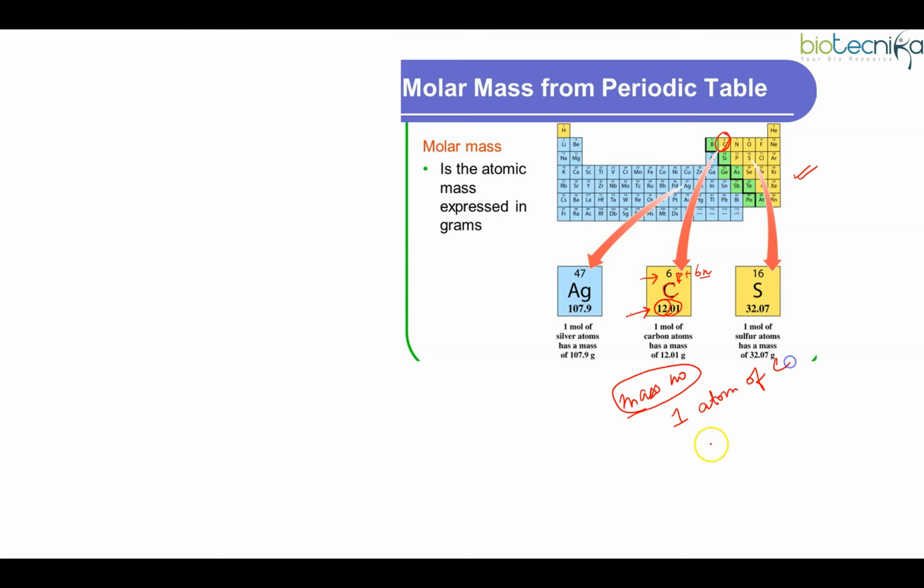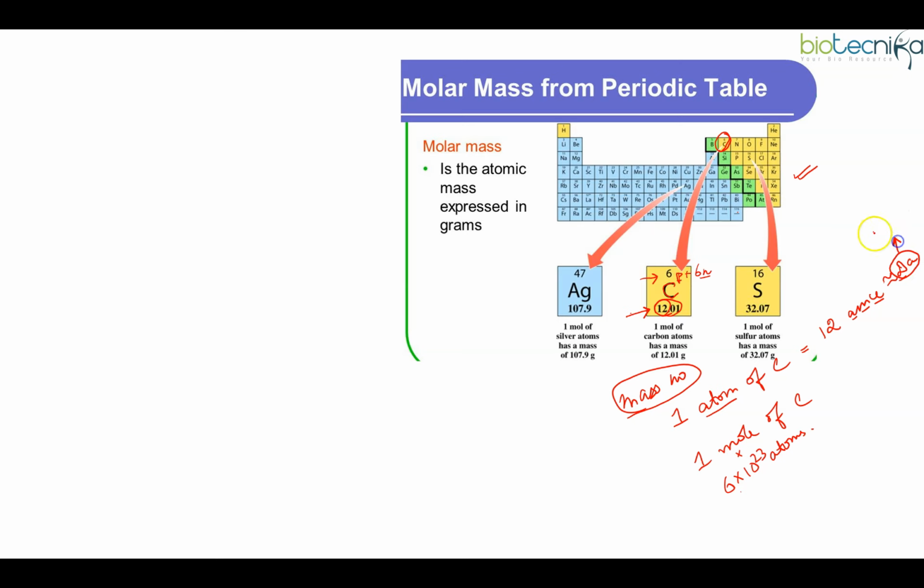Now if we take 1 mole of carbon, that means we haven't taken 1 atom of carbon. Instead, we have taken 6 into 10 to the power 23 atoms of carbon. If the mass of 1 atom of carbon is 12, the unit for this is AMU, atomic mass unit. It is also similar to the Dalton.